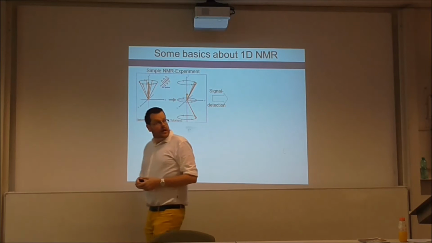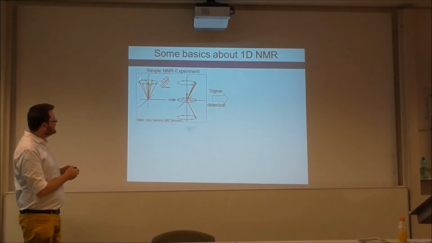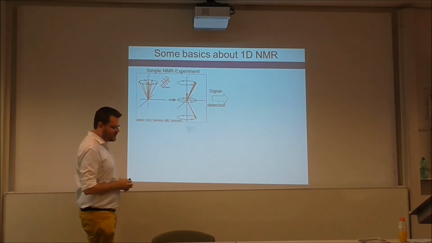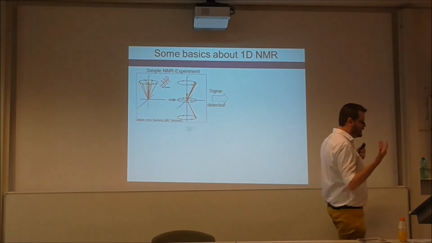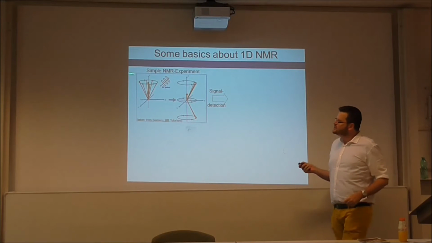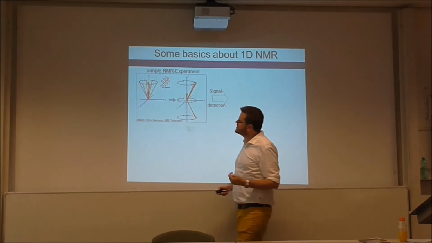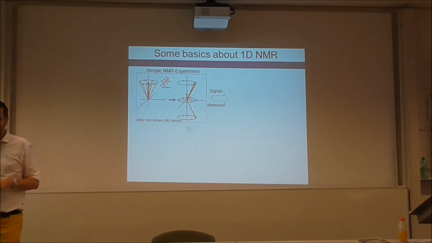Okay. So this is the basic idea. Some of you have probably seen this, but you can think of spin-active, NMR-active nuclei as being little magnets. If you take a sample and sum all those magnets together, you can imagine that they precess about, in this case, the z-axis, depending on their environment.